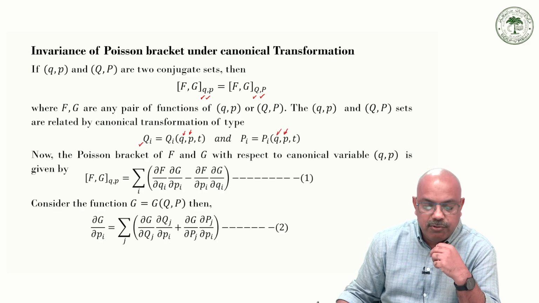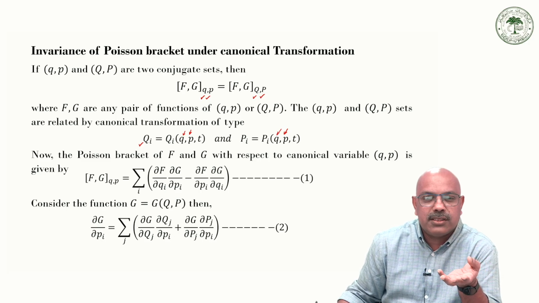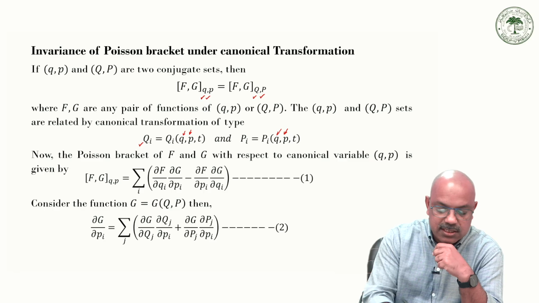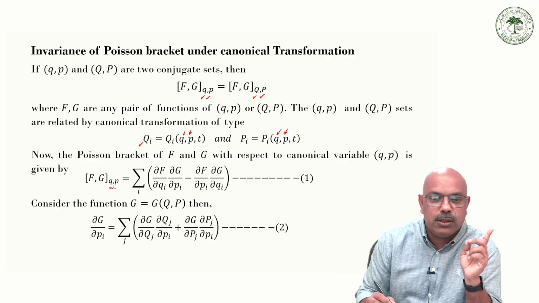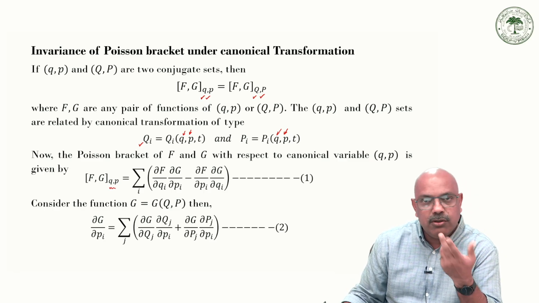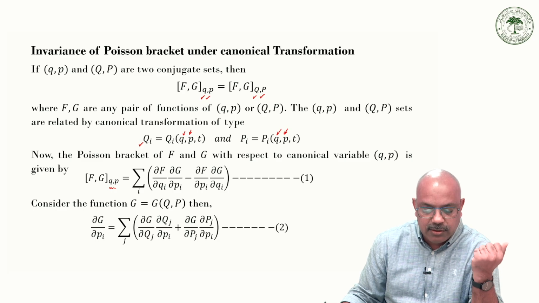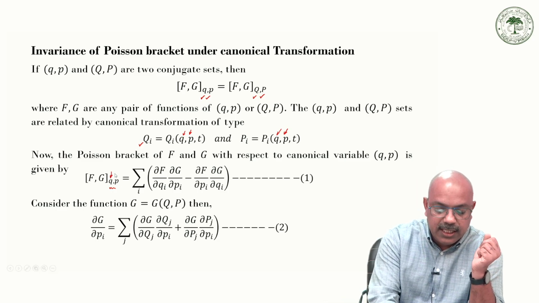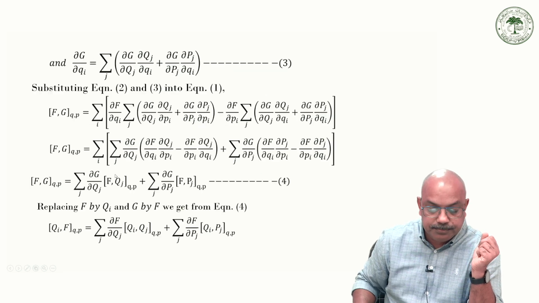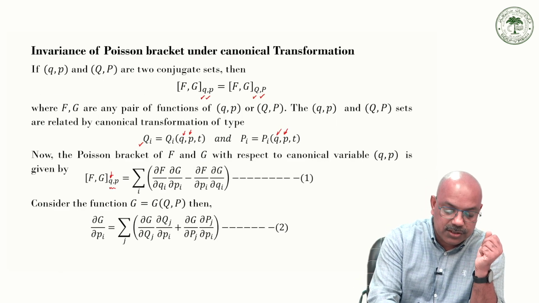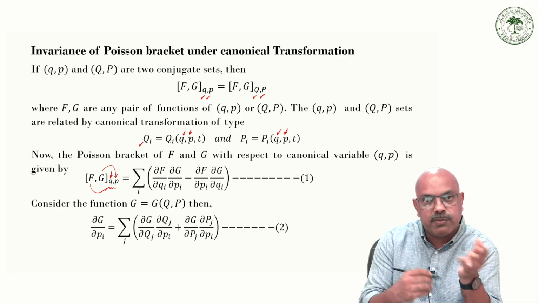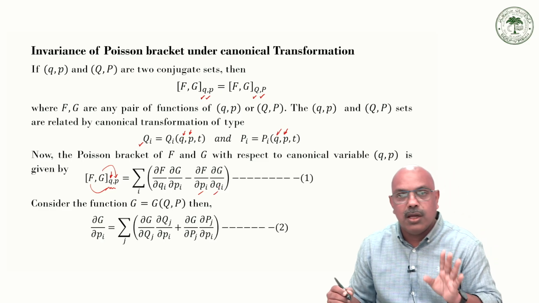Okay. So if you write the Poisson bracket of f and g with respect to the canonical old variables, that is, my base is the old variables small q and small p, then from the definition of the Poisson bracket, you first differentiate the first function with respect to q and the second function with respect to p, and then you repeat with the first with respect to p and the second with respect to q.